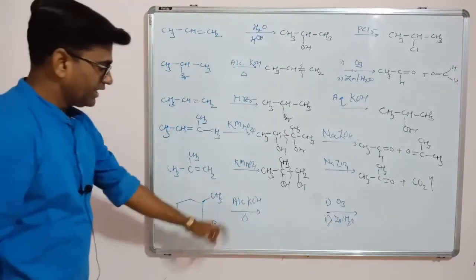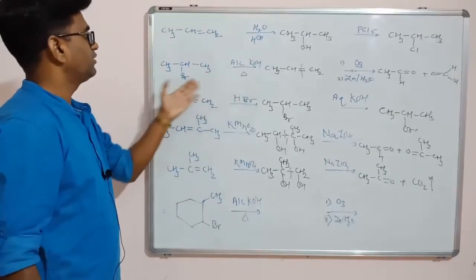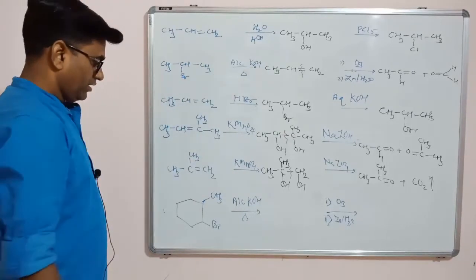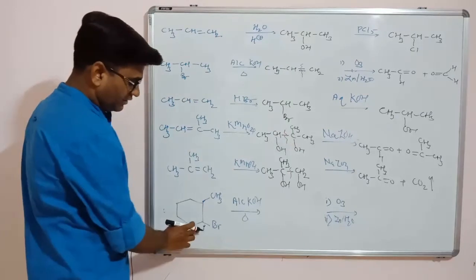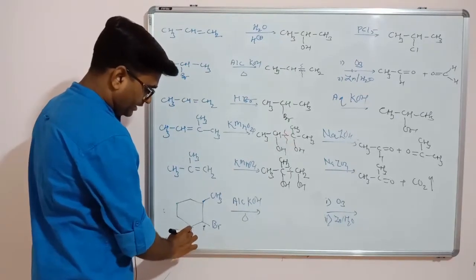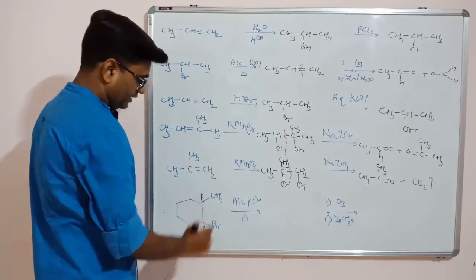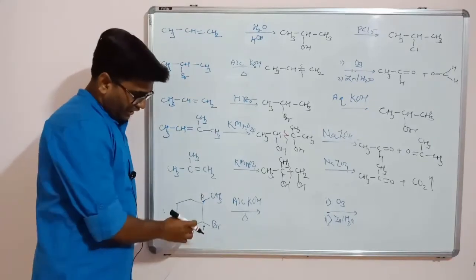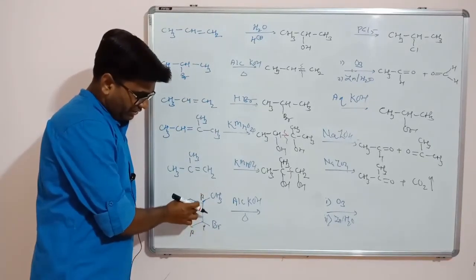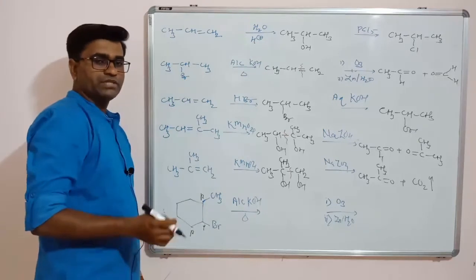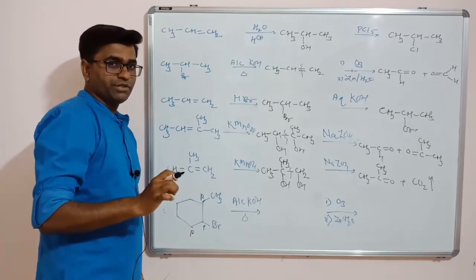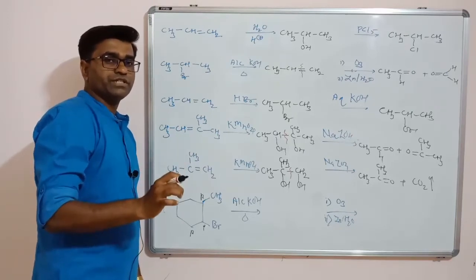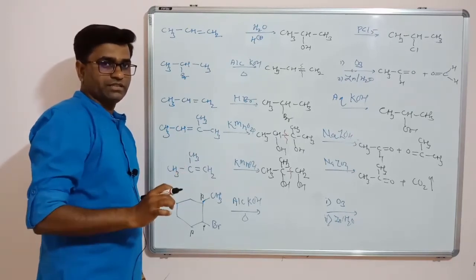Next, this is alcoholic KOH. Just we saw this is alcoholic KOH elimination. So elimination, this is alpha carbon, see the difference, this is alpha carbon, so this one is beta carbon and this one is beta carbon. So either double bond will form over here or double bond will form over here. As we know that more substituted alkenes are the major product, or you can say more substituted alkenes are the more stable alkenes.